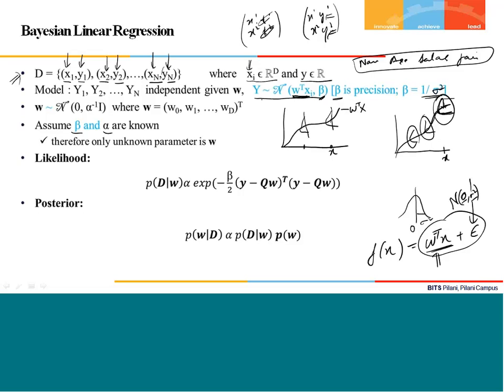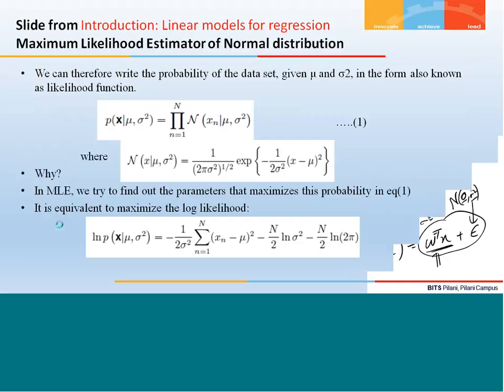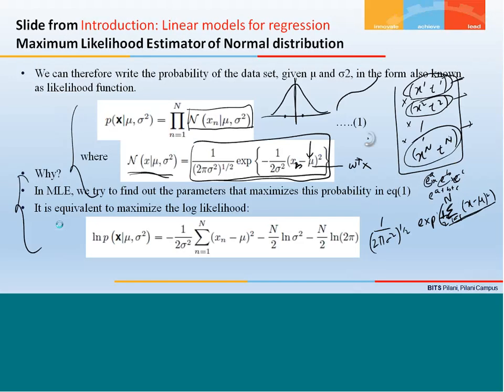So in that case, you need to multiply all these. The exponent will have your mean, w transpose x, minus your true value y, and the whole squared.